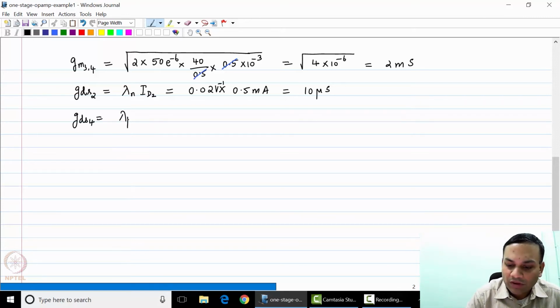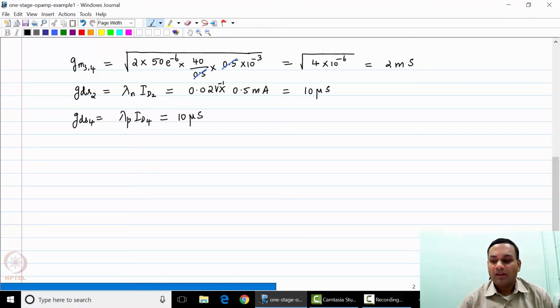Similarly, GDS4 is lambda P ID4. This is also 10 microsiemens. Now we are in a position to start writing down the expressions for the various datasheet components of the OpAmp.